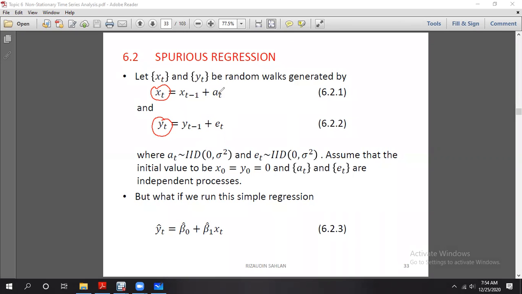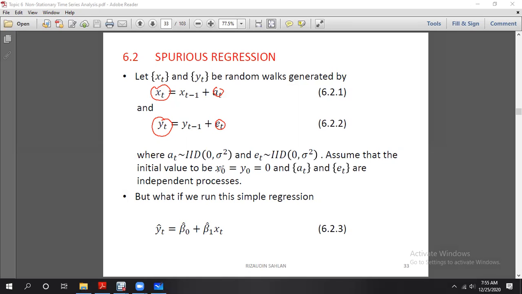Of course, we assume that the error term is identically distributed with mean zero and constant variance. We assume the errors are normally distributed, so there is no serial correlation for the error.